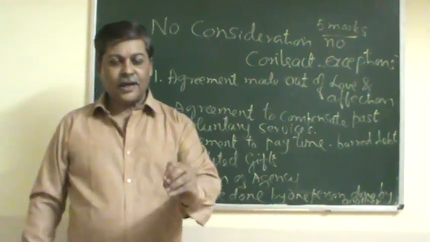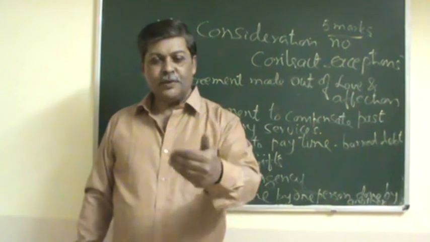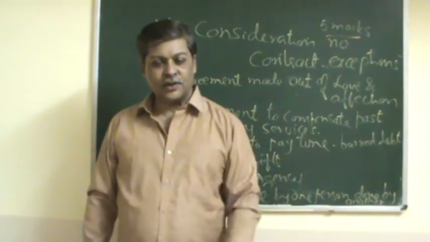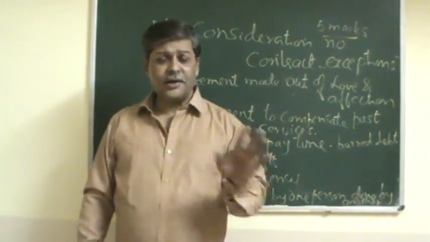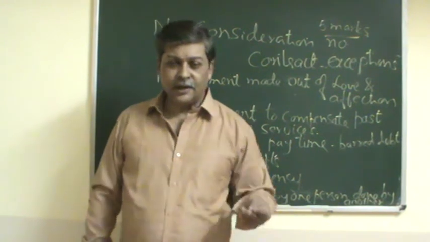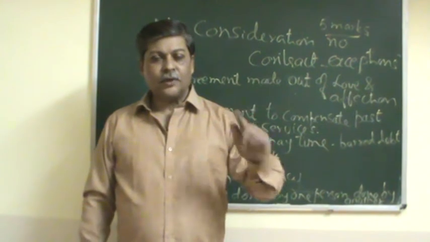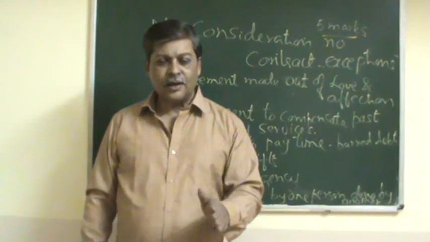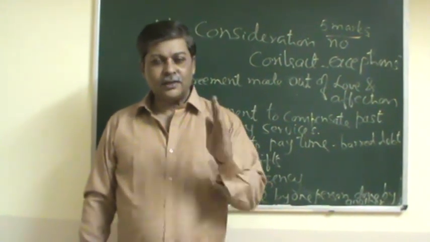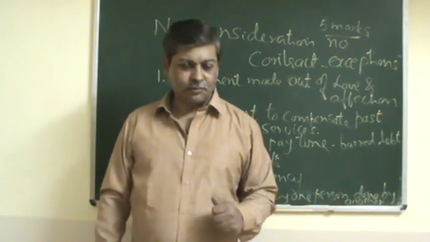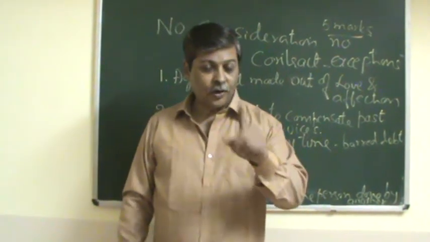For example, A has rendered tuition to B's son C, voluntarily, without expecting any remuneration in return. But B afterwards says that you have imparted knowledge to my son, hence I will compensate your service. So it is a past voluntary service.